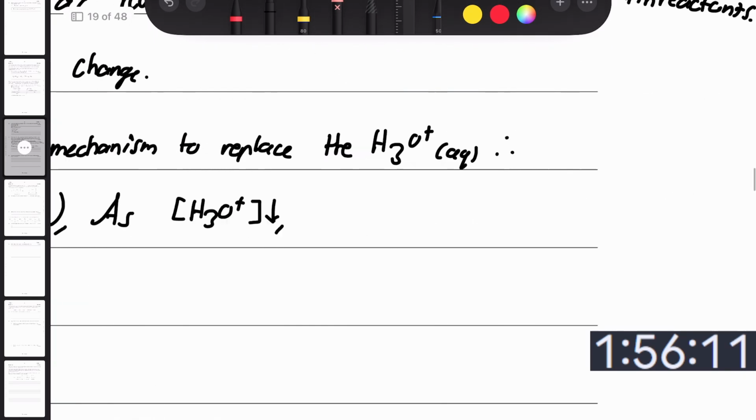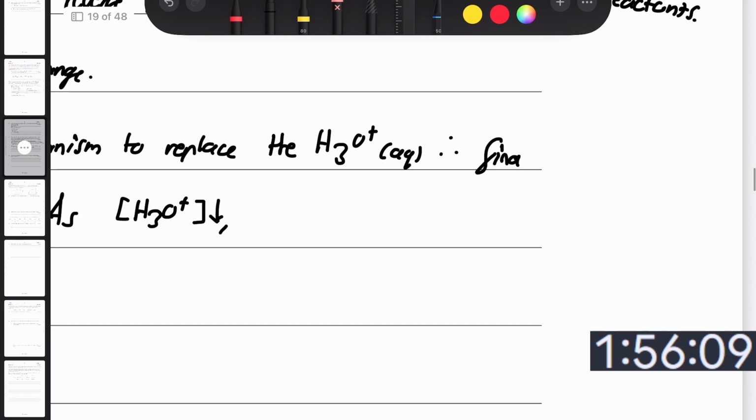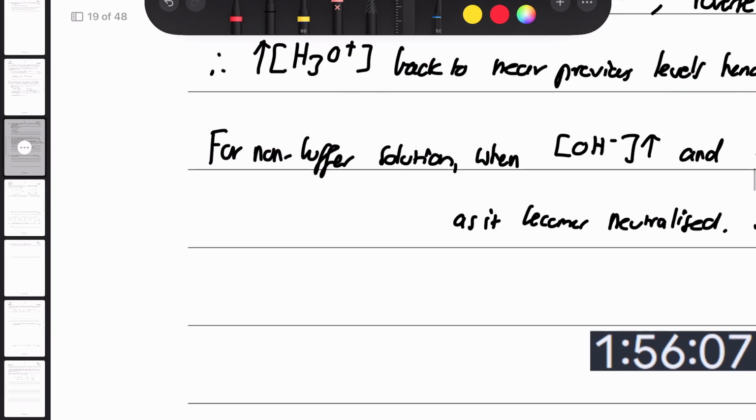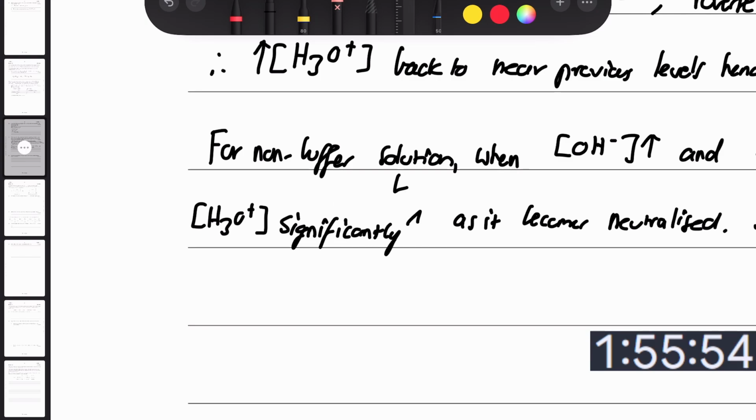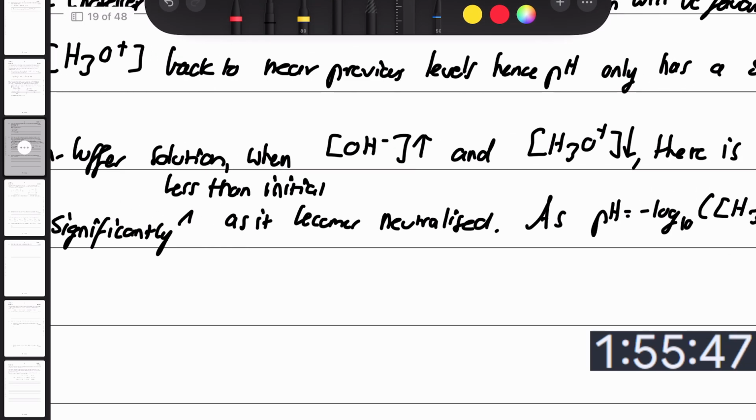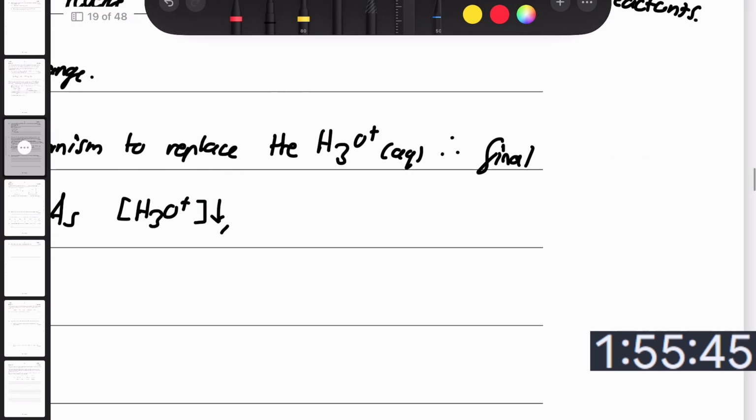Therefore, final less than initial or significantly less than initial. It becomes neutralized as pH increases.